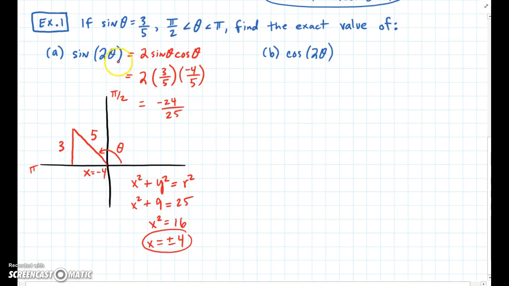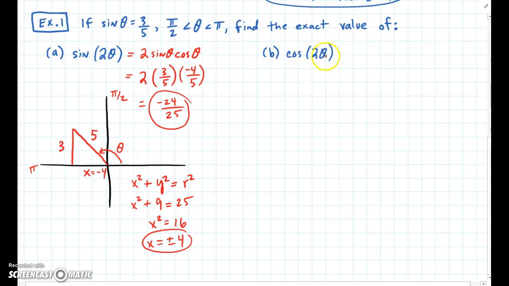So sine of 2 theta would be negative 24/25. Now you try part B, cosine of 2 theta, and answer the question, and then I will work it out to show you if you've got the right idea or not.